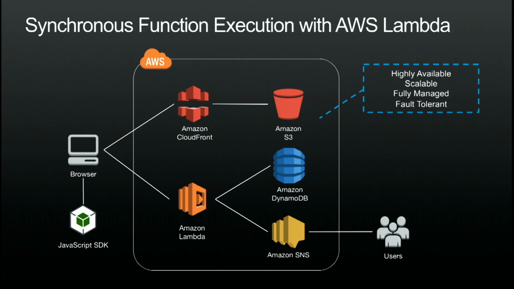But after this, the application running in the browser is only communicating with Lambda. It's only calling for help from Lambda. Lambda, in the background, can use the rest of the services, like DynamoDB and the Simple Notification Service. All the application needs to do is call Lambda functions. Lambda will handle the rest of the cloud behind the scenes.